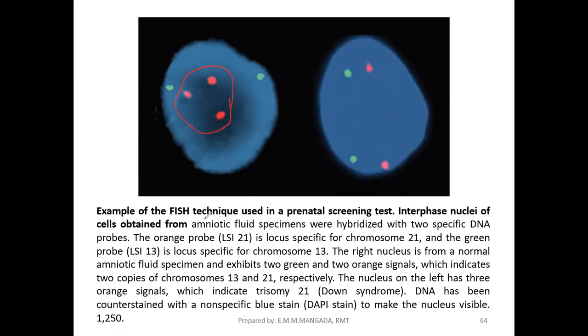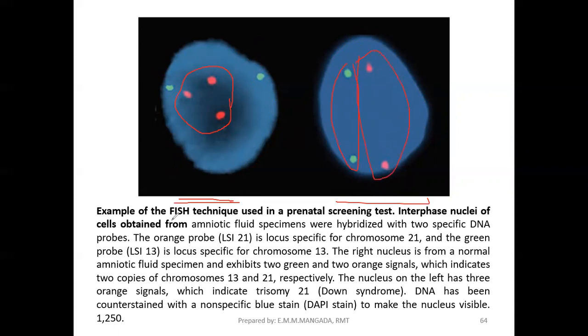Ibig sabihin, yung fetus na owns this fetal cell, dito sa first specimen natin, ay magkakaroon ng Down syndrome. Makikita natin yun pag napanganak siya. Dito normal kasi meron lang siyang two copies of each chromosome.